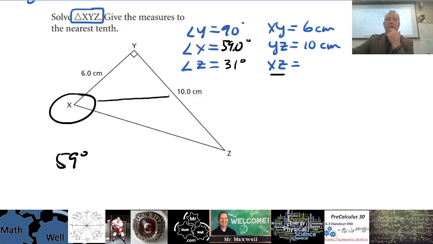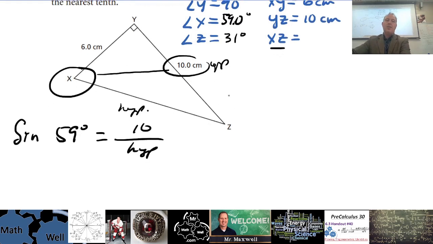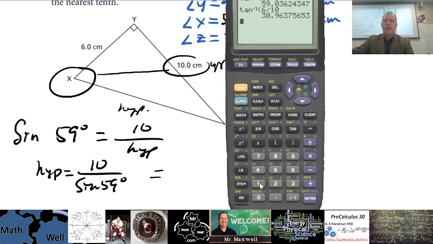And let's say I wanted to use the opposite side, and I wanted to solve for the hypotenuse. Guess what? I could do opposite over hypotenuse, that's sine in SOH CAH TOA. I could do sine of 59 equals 10 over hypotenuse. And I know that these can just switch places, multiply by hypotenuse, divide by sine of 59. I have hypotenuse is 10 divided by sine 59, which equals, let's see, 10 divided by sine 59.